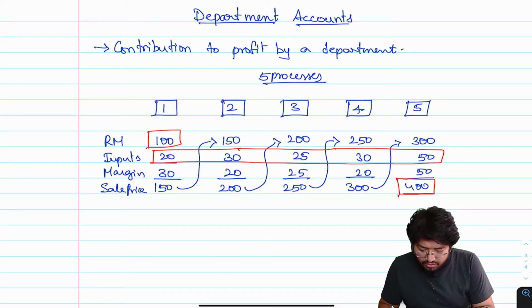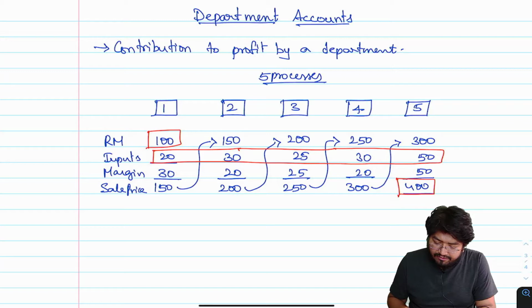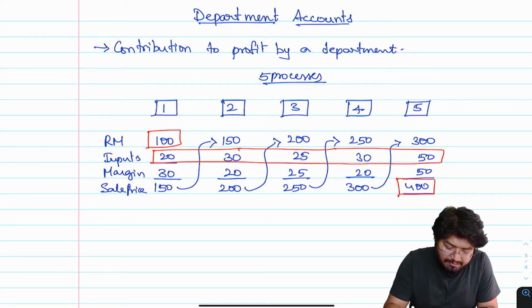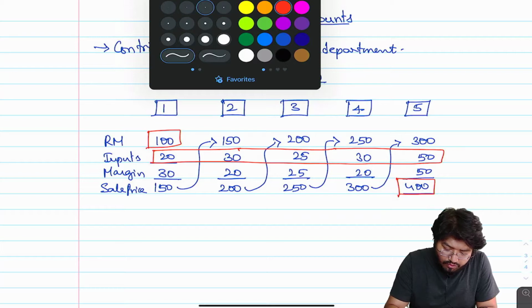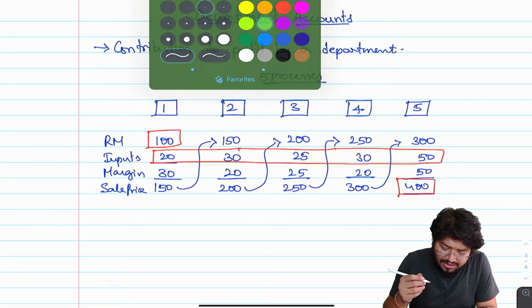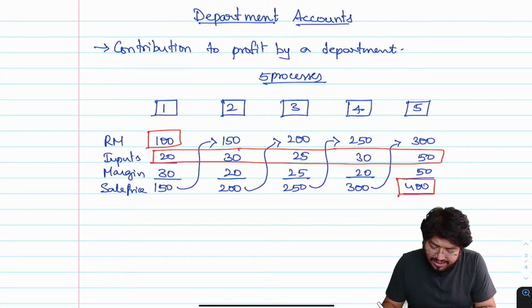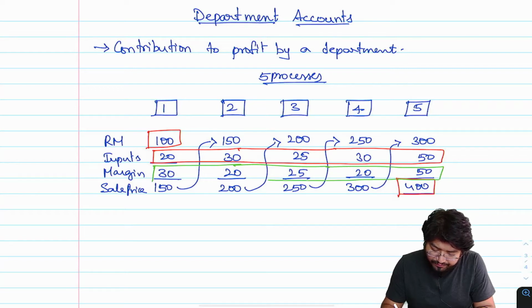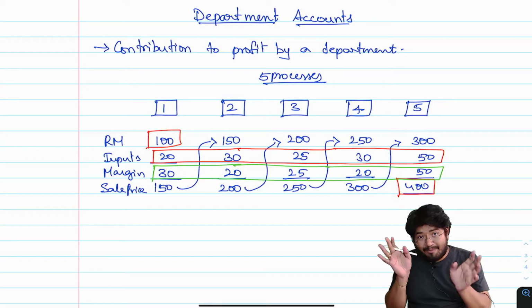Now, for somebody who does not know anything about the margins, what would he think? He would think that the complete margin they've earned is 30 plus 20 plus 25 plus 20 plus 50. What we generally feel is that the company made that margin.